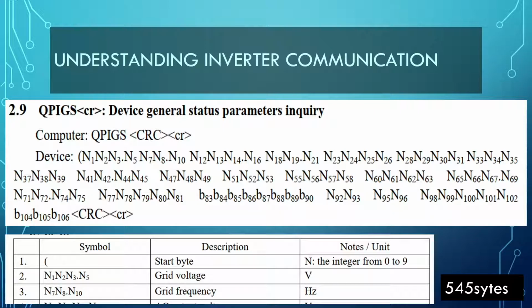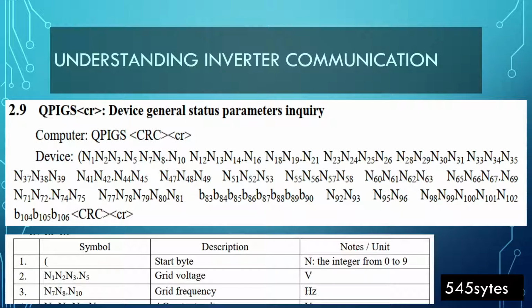This will give you the grid voltage. Let's say we have 220 volts here, so it will be 220.0 or .1, whatever it is. So from N1 to N3 dot N5 I will get the grid voltage. Likewise N7, N8 dot N10 will give me the grid frequency. So the device will give me one accumulated string, and I have to break it according to my needs.